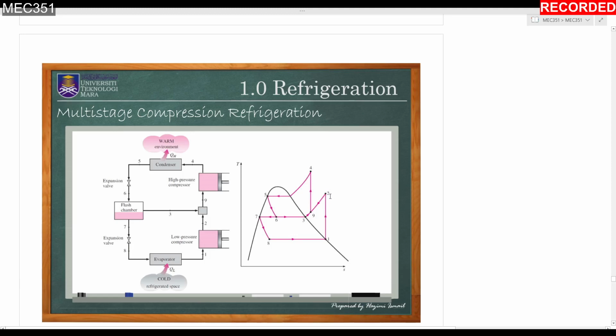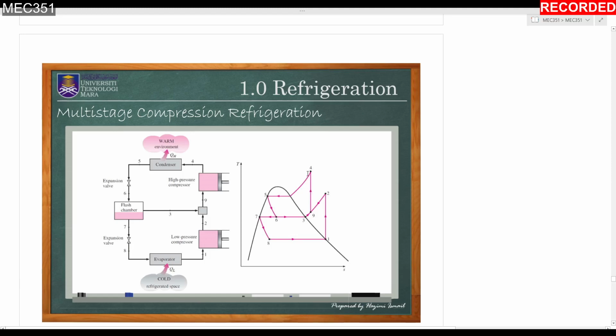Okay, and then the refrigerant here will mix with the vapor refrigerant from the flash chamber, and it will be compressed by the second compressor, which we call the high pressure compressor. This compressor is located at the upper stage of the cycle.